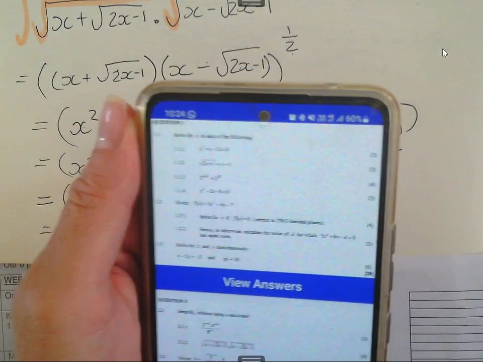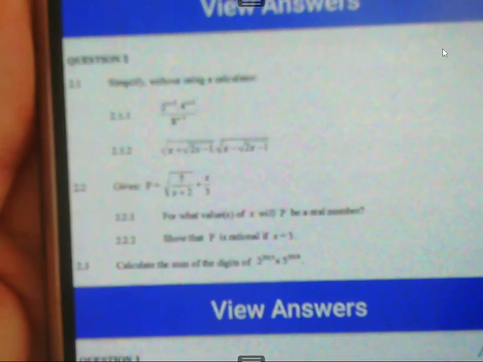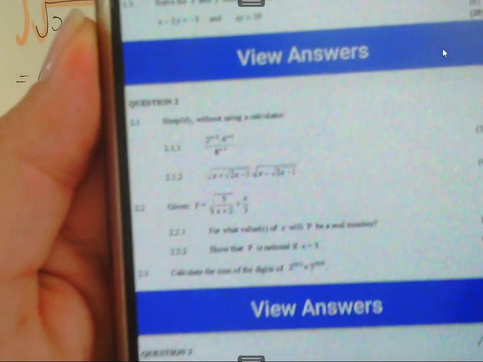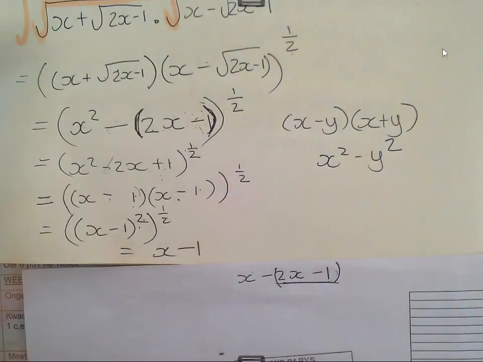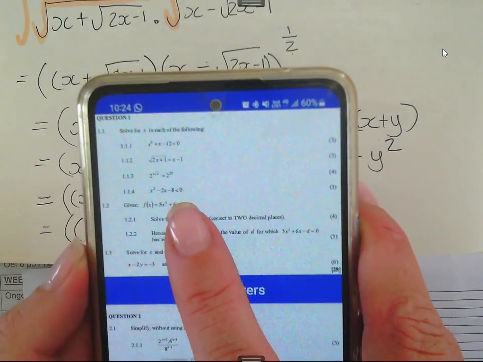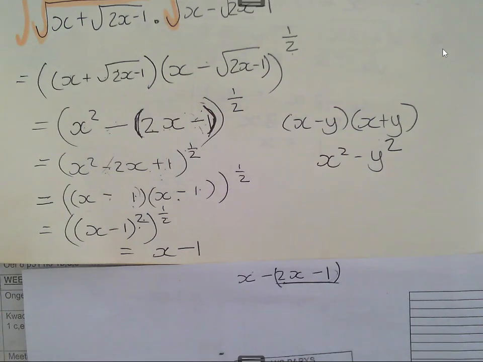You close it, you try the sum. Can you see question 2 there? Not really. Exponents and surds. And then question 1 is normally the equations. So there you might find the quadratic equations or the surd equations. Okay. The next one.